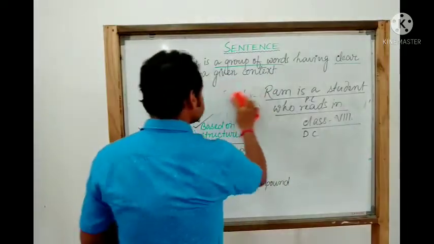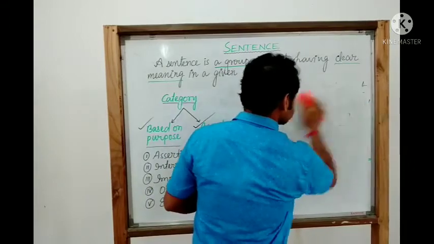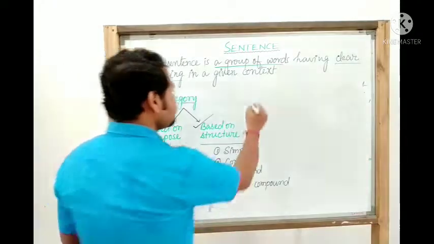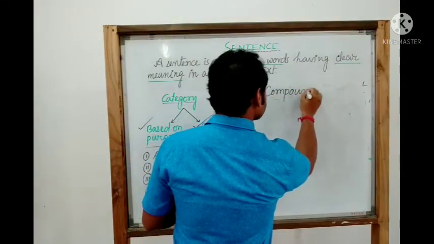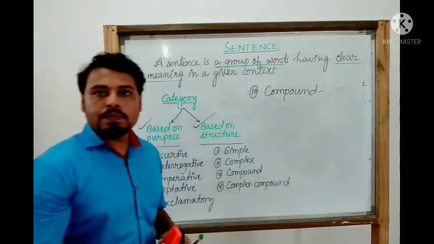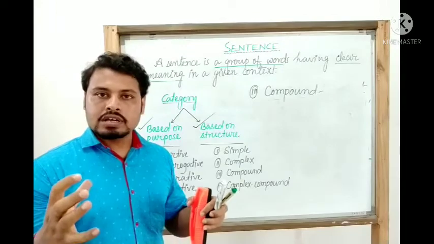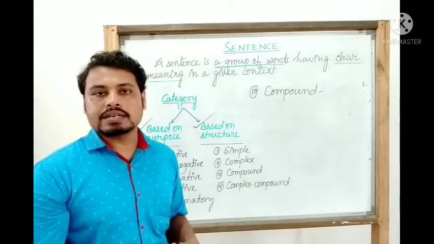After the complex sentence, in our number 3, we have the compound sentence. Now compound means something that is joined. That means more than one, definitely.